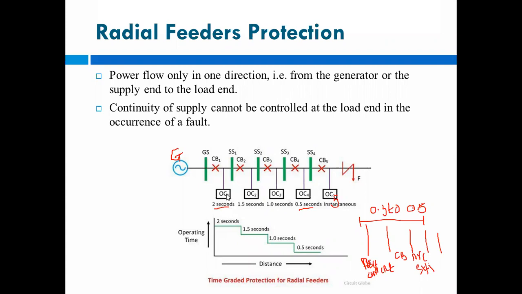But what is the disadvantage of this radial feeder protection? If I consider that the fault has occurred between this SS2 and SS3, which relay should operate?